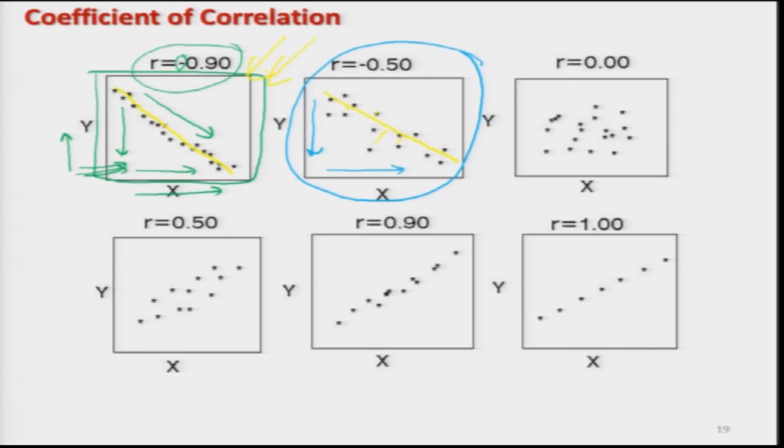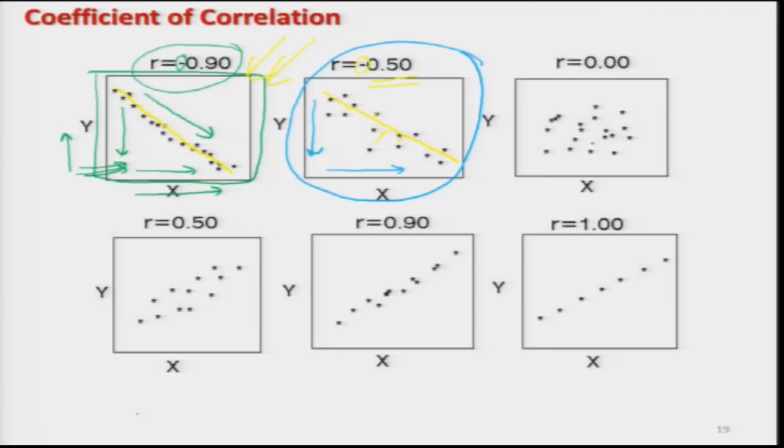So, that is why the value here is minus 0.50, indicating that the relationship is negative by this negative sign, and the magnitude is 0.5. Well, it is not exactly 0.5, but it is very close to half, and this is lower than the value of 0.9 as in the earlier case.